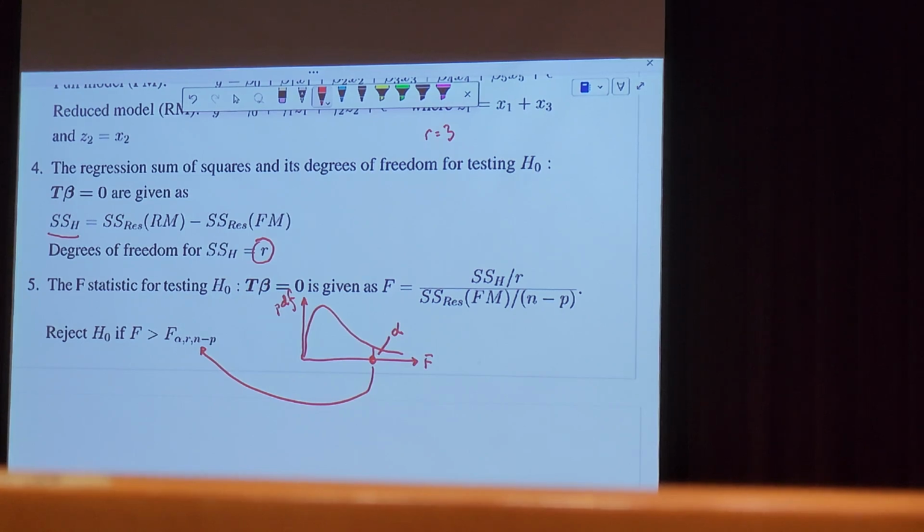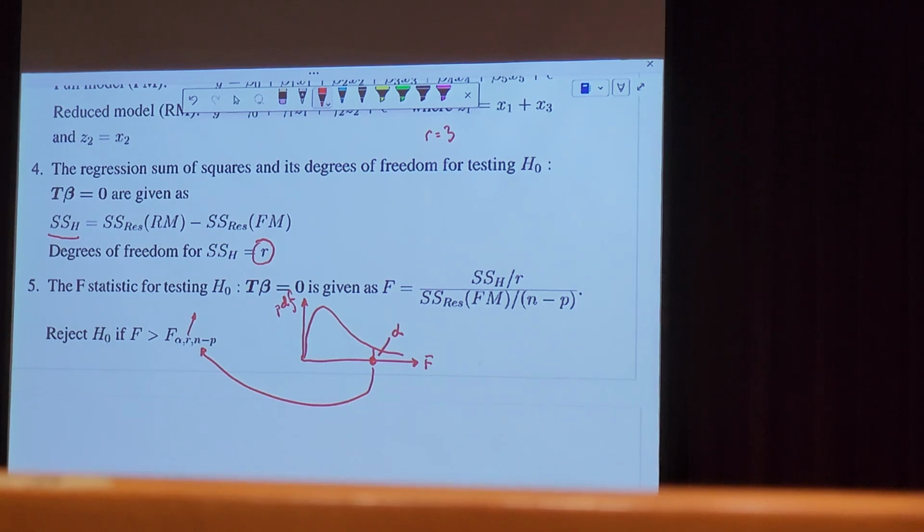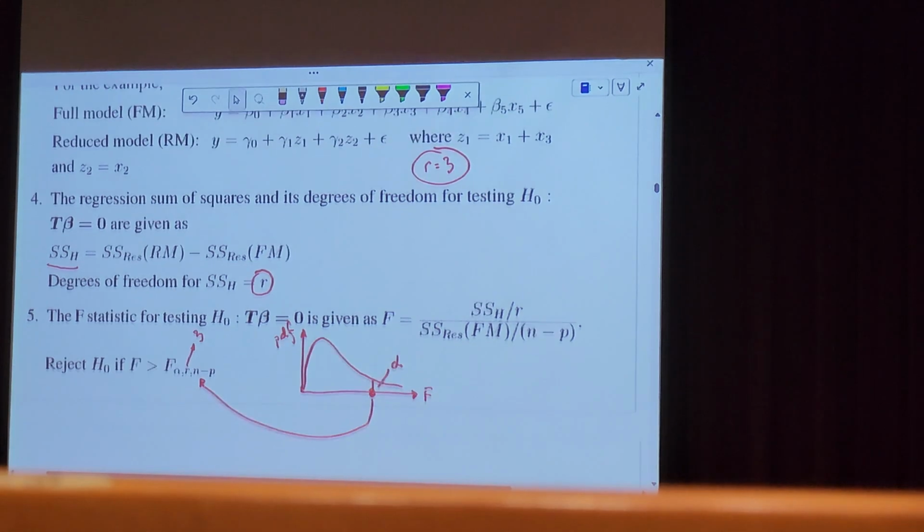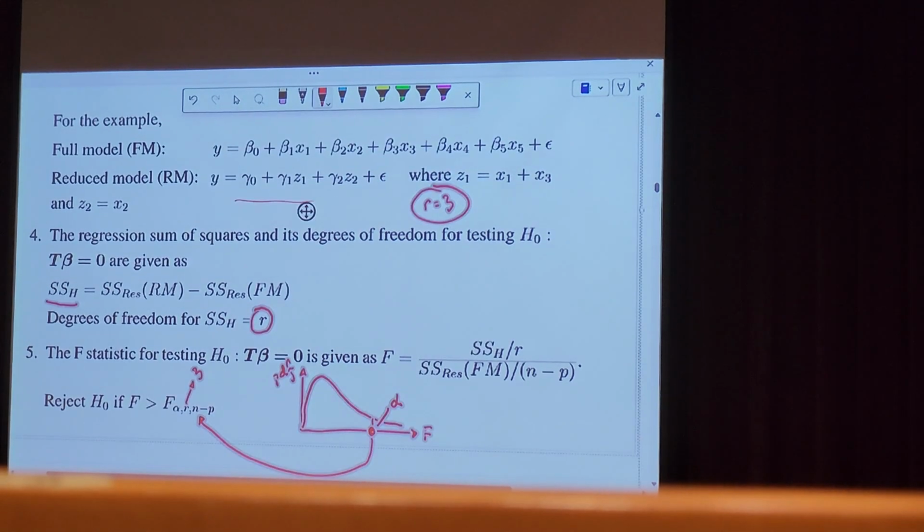R refers to what? The number of independent constraints on beta that you are testing. In this example, it is 3. So we don't figure it out from here. We figure it out from what we have deleted from the full model.